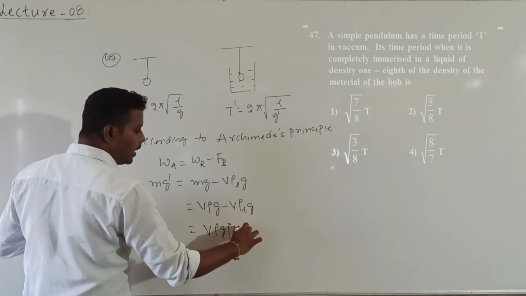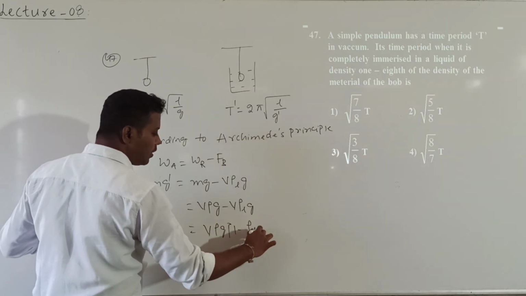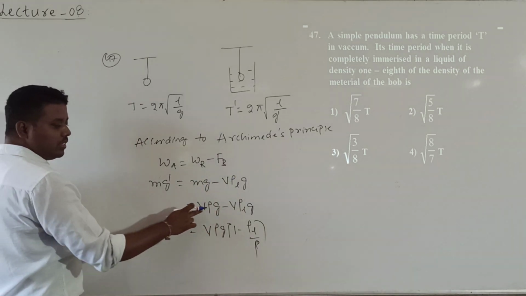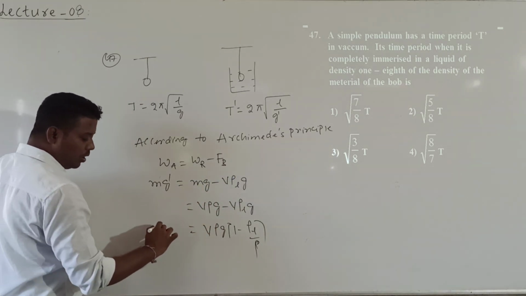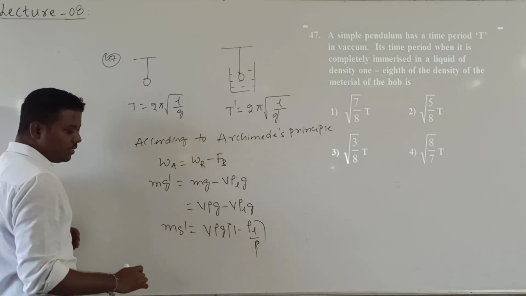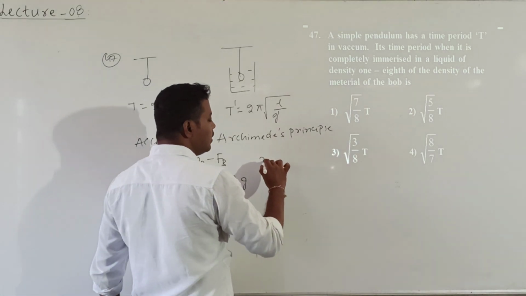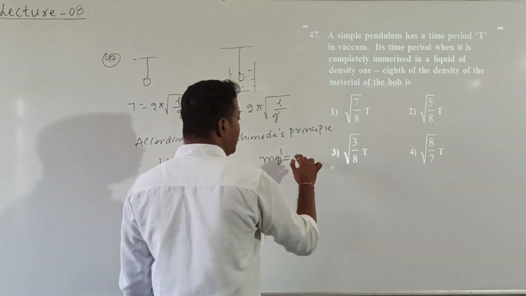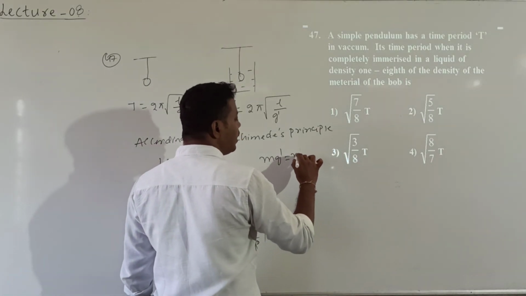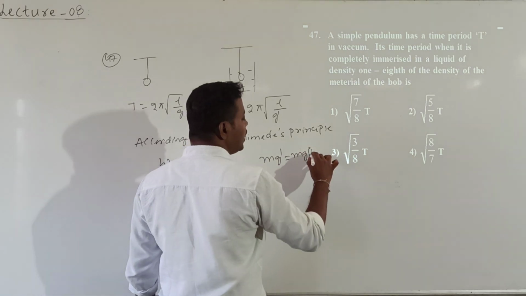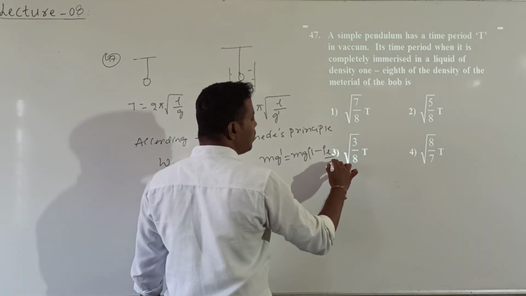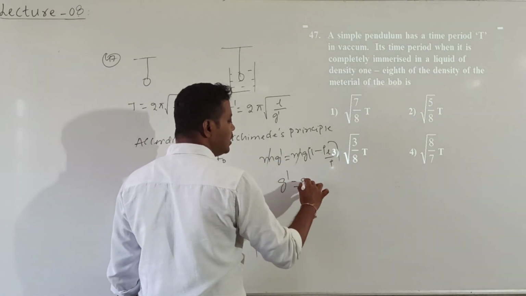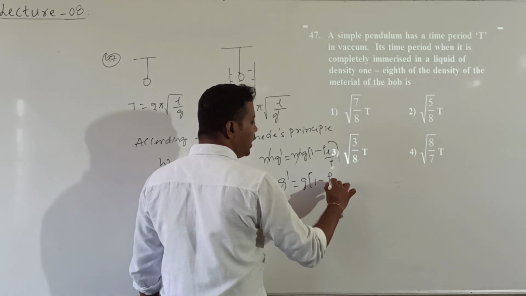Then 1 minus rho l by rho, where rho l is the density of the liquid and rho is the density of the body, will be equal to m into g dash. From this, m into g dash is equal to v into rho, which is m, into g into 1 minus rho l by rho. So m cancels. What happened to g dash? g dash is g into 1 minus rho l by rho.